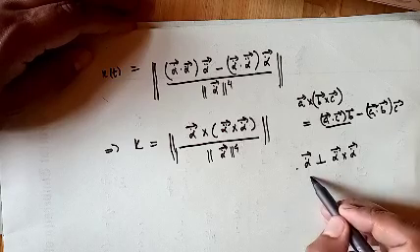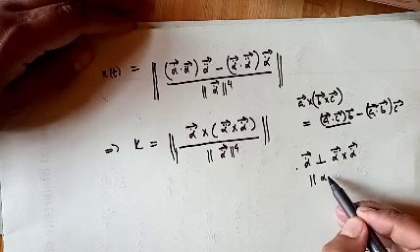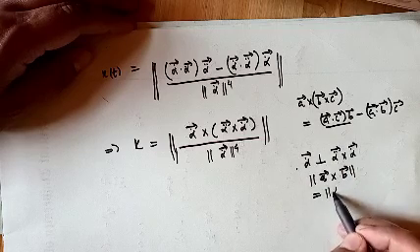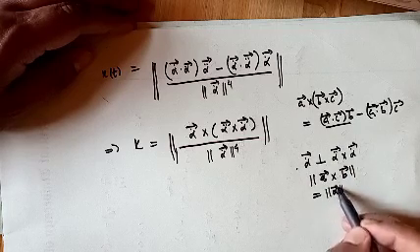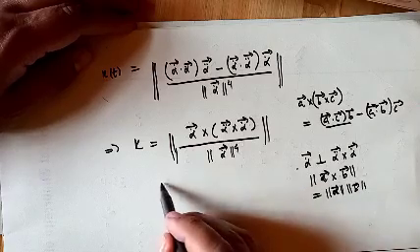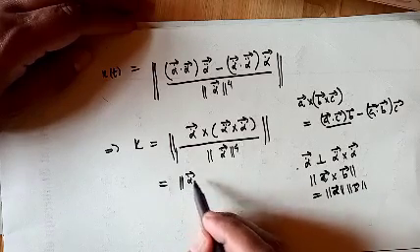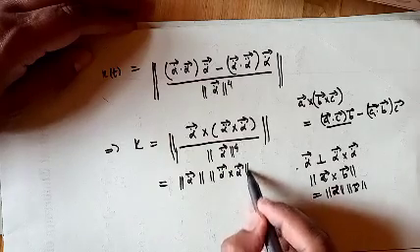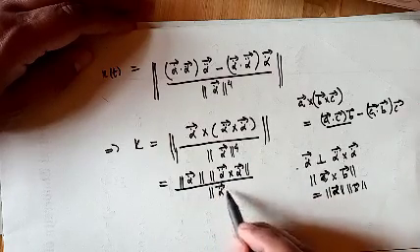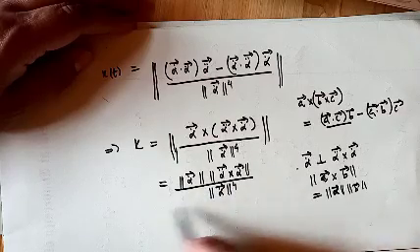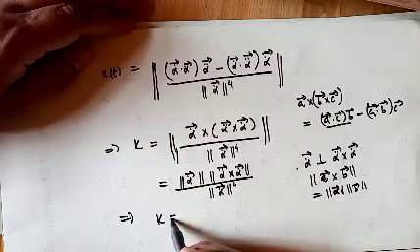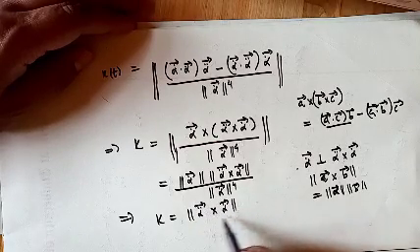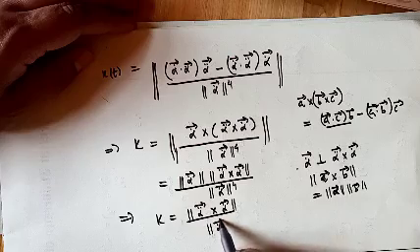And for perpendicular vectors, the length of A cross B is nothing but length of A multiplied by length of B. So this should be nothing but length of alpha dot multiplied by length of alpha double dot cross alpha dot, divided by alpha dot raised to the power 4, and one factor gets cancelled, which means that k is equal to the length of alpha double dot cross alpha dot, whole divided by the length of alpha dot cubed.